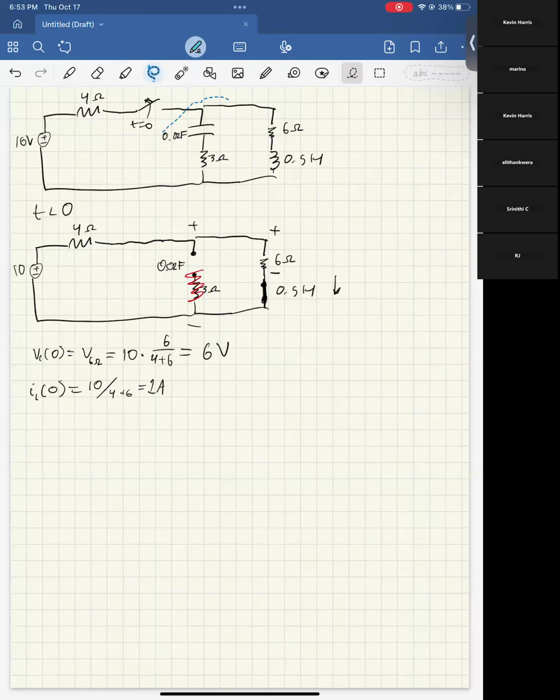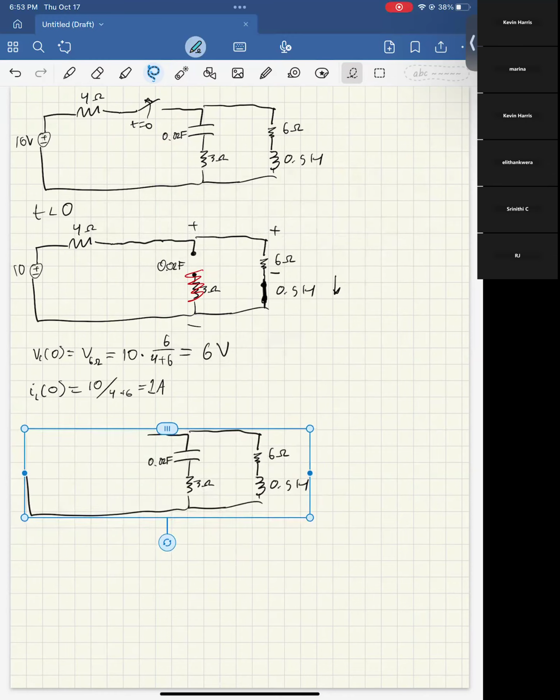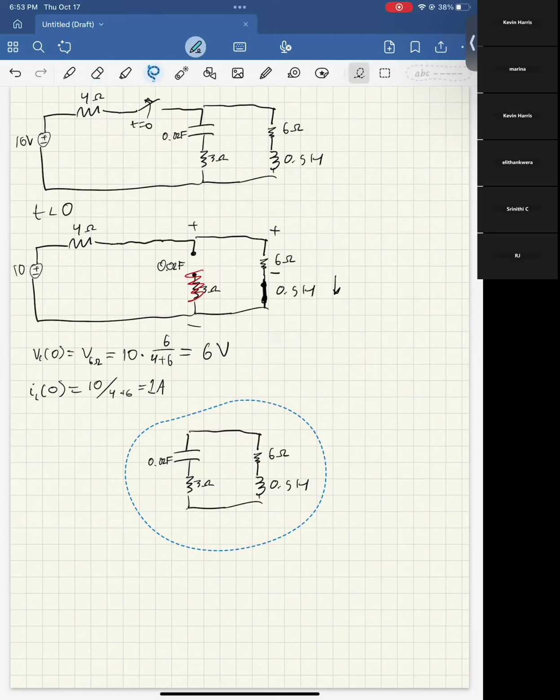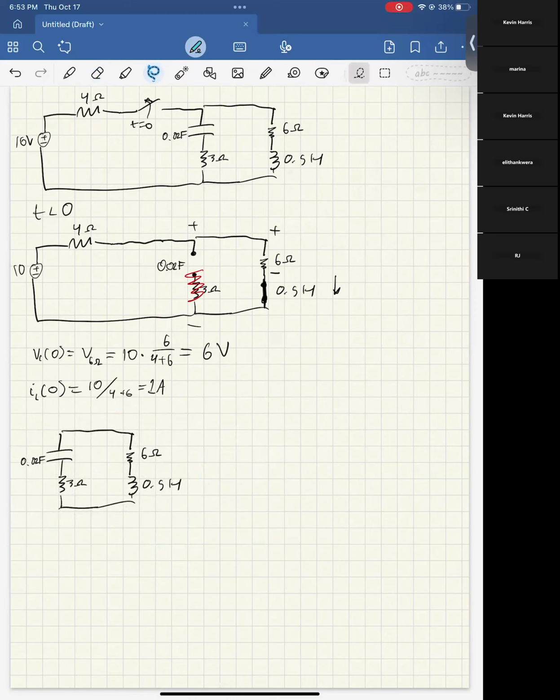And for this, I will just copy this part. That didn't quite work how I hoped it would, but okay. So this becomes our circuit now. And one nice thing is that you can combine these two resistors immediately, since they're in series.